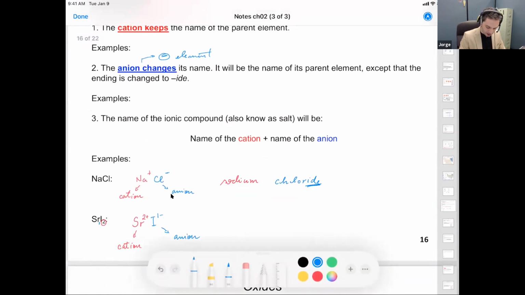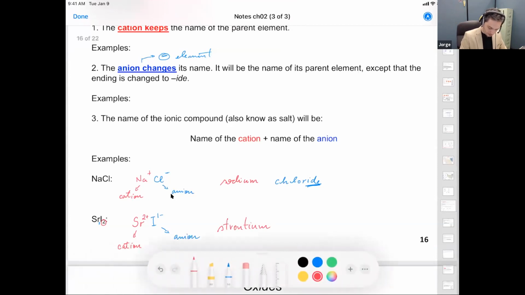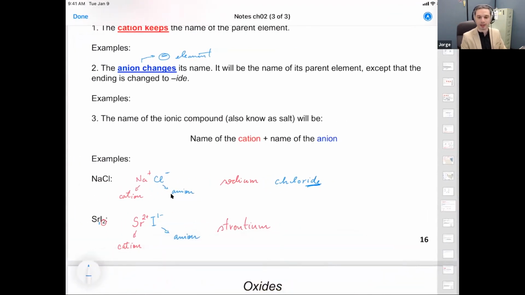Okay, so let's name this compound. First always is the name of the cation, and for that is simply the name of the element, strontium. Then we are going to give a space and write the name of the anion. The name of the anion is going to be the name of the element, except that the ending is changed to -ide.